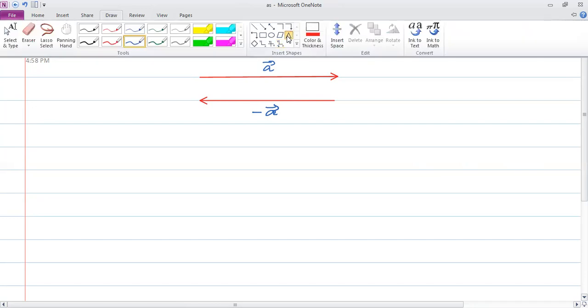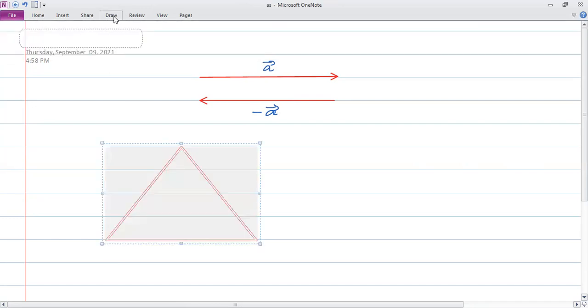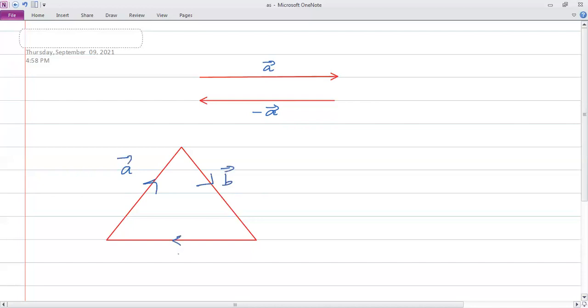Another example, let me give you. Let's say this is a triangle. In this triangle, let's say this is A, this is B, and this is vector C. These are the directions given because the arrow will show us the direction.